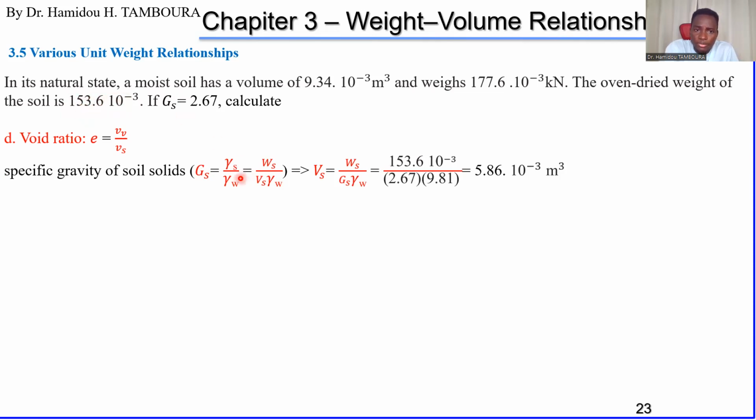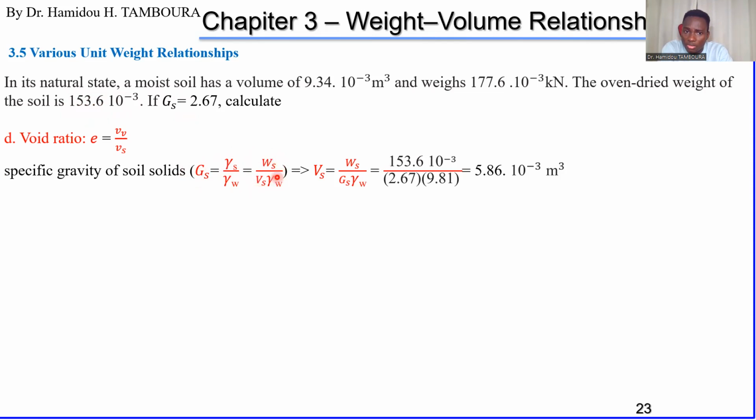So we know that specific gravity is equal to the unit weight of soil particles divided by the unit weight of water, and the unit weight of soil particles is the weight of soil particles divided by the volume of soil particles.